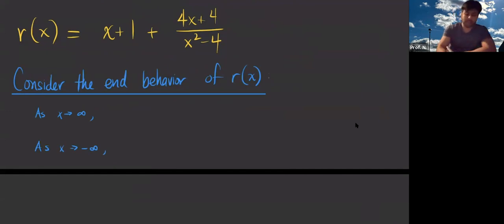So the idea is this: as the x values get really big, if you look at this fraction in particular, when x gets really big, like 100 million, 100 billion, trillion, so on and so forth, this numerator cannot keep up with the way the denominator is growing.